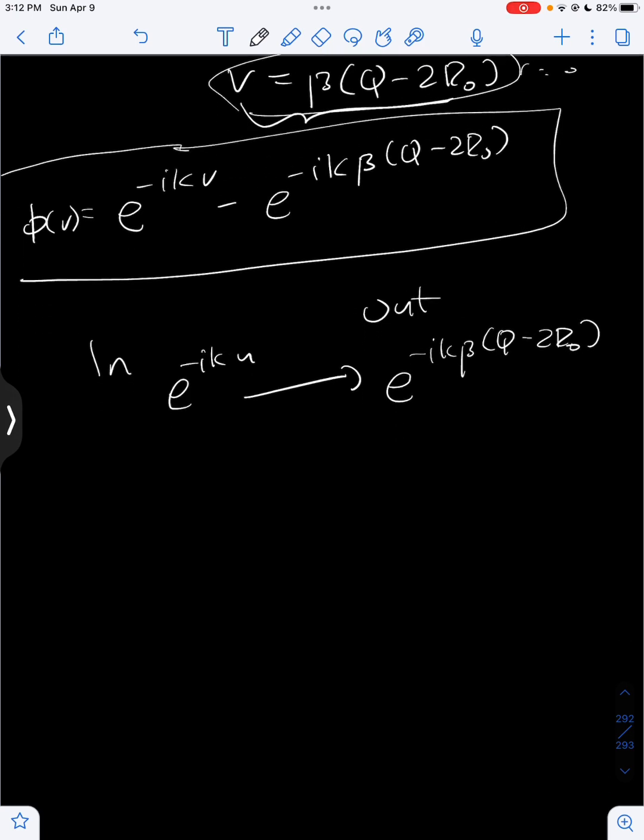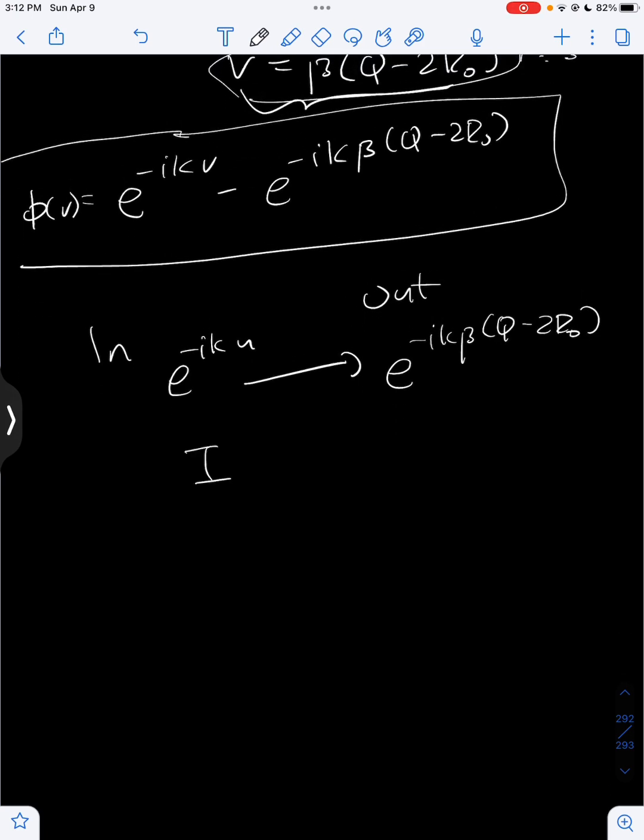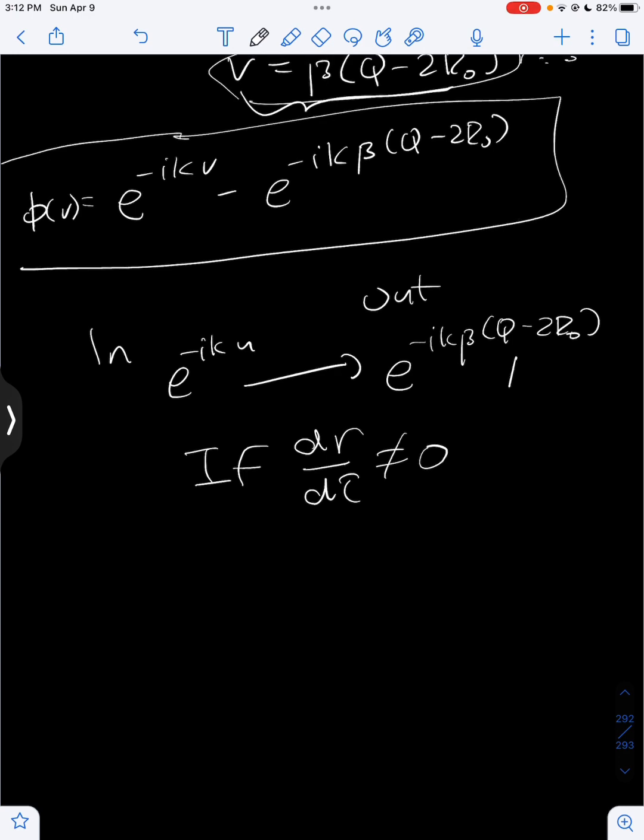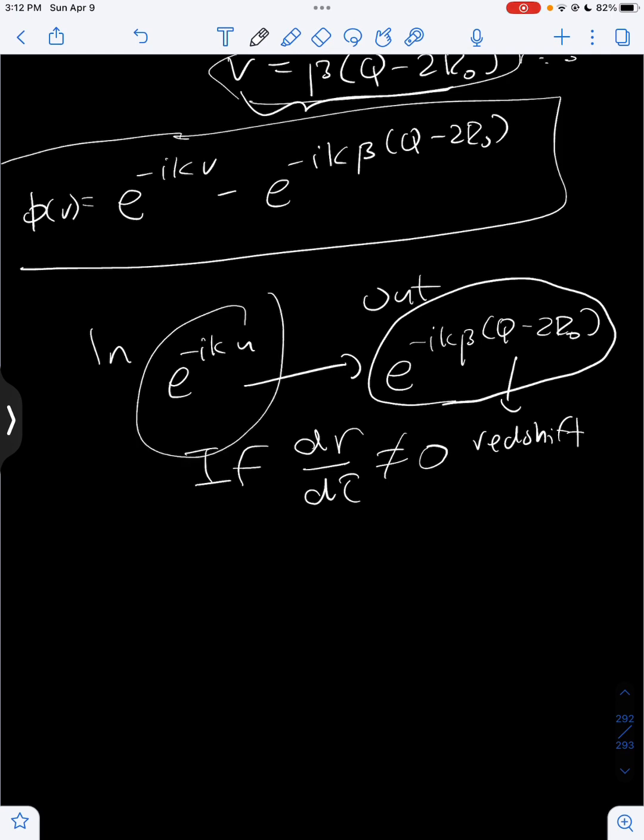And we're going to find out that if R is dynamical, so if the derivative of R with respect to the proper time tau is not equal to 0, this term over here is going to be a redshift factor. And this field will be physically different from this field. Then we can compare these two fields with the Bogoliubov transformation. But that is a story for next time.